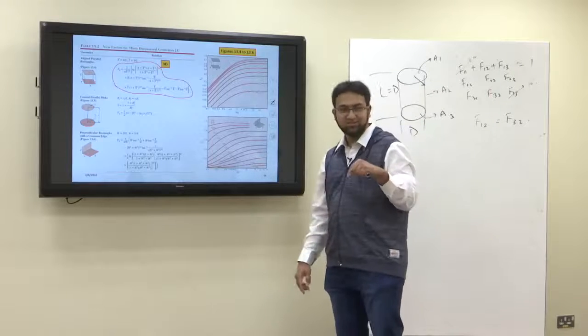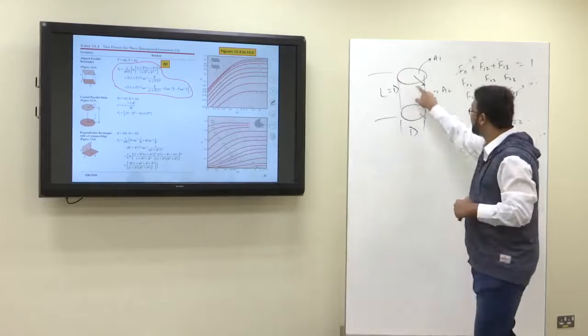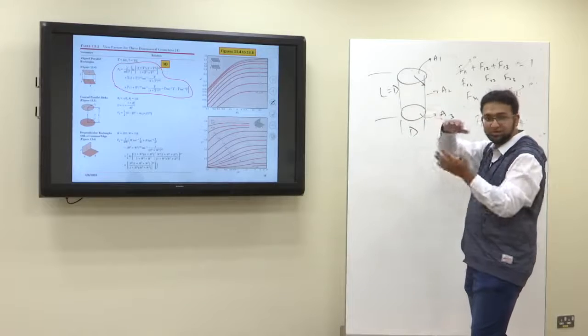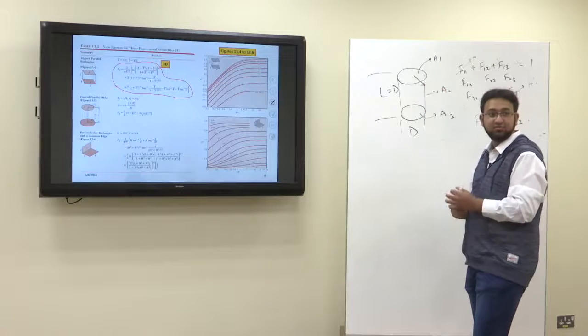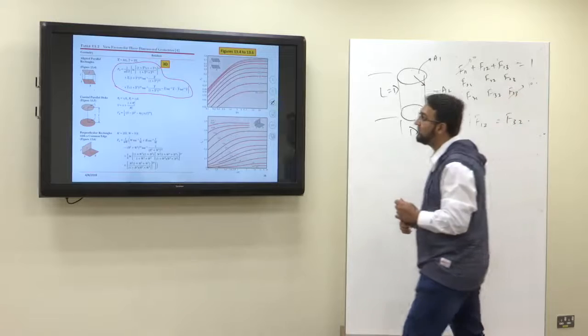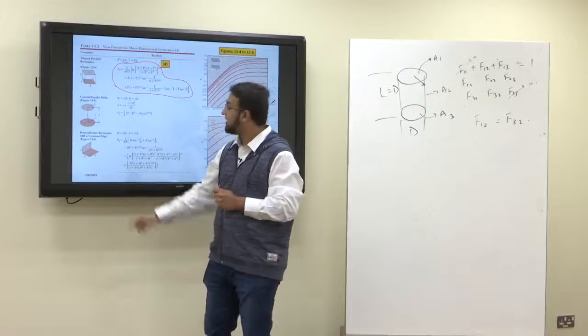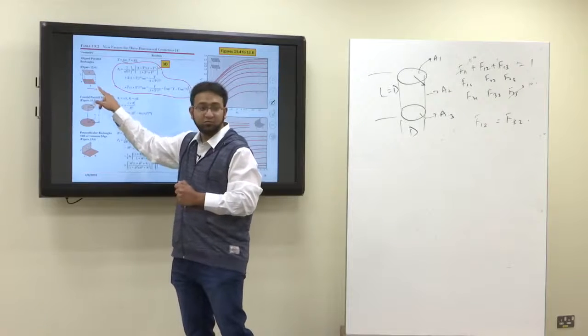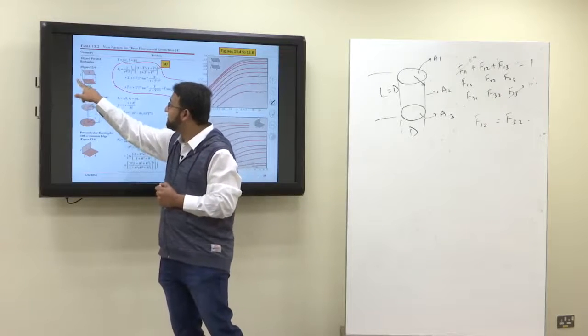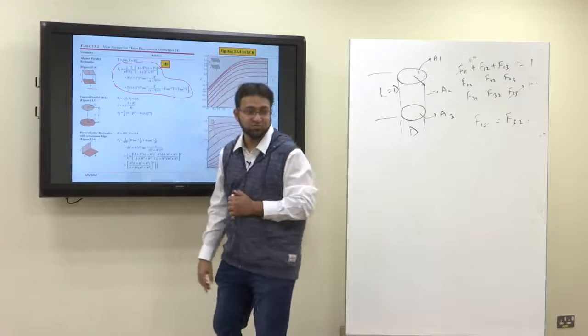Now our case is 2 disks separated apart. X bar is x by L, so x is this dimension divided by the distance between the two surfaces.